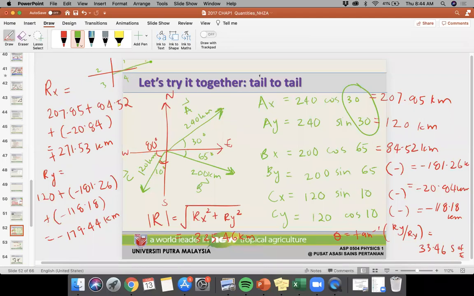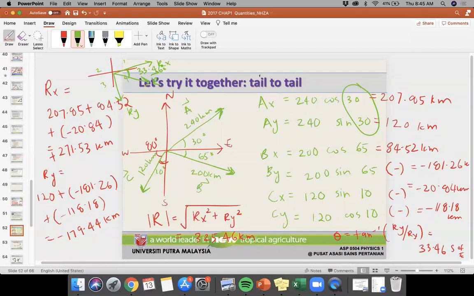Positive Rx, negative Ry gives me quadrant 4. So Rx is positive, Ry is negative, which gives me a vector between these components. So it makes sense. The angle is 33.46, and it will always refer to the x-axis. So the angle is here, 33.46.